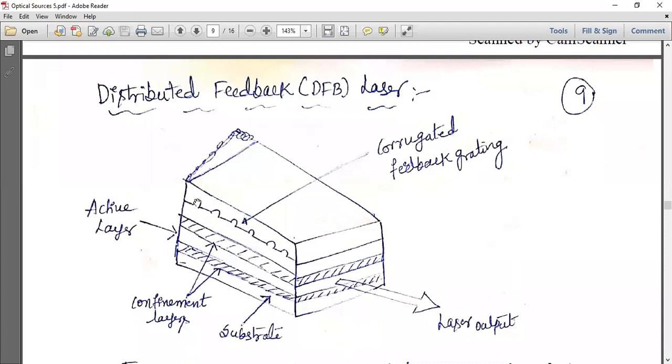This is a grating kind of structure over your LED structure, and it is called a Bragg grating. This Bragg grating will have different refractive indices compared to the adjacent layer. What this will do is create different energy bands and push the photons to one side.